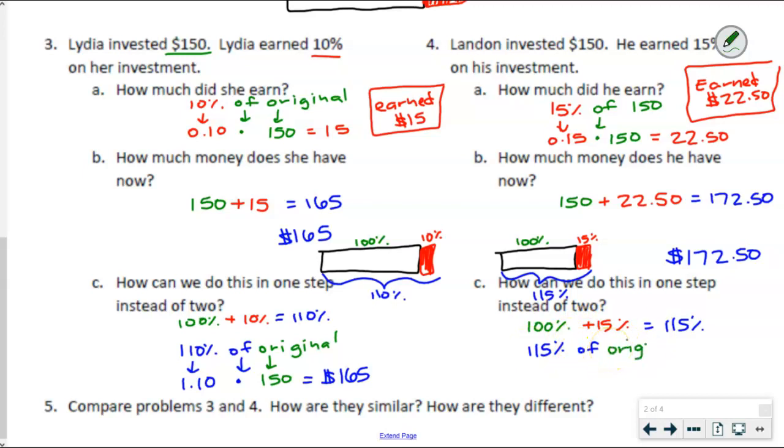We type into our calculator 1.15 of, which means multiply, and the original amount is 150. So I'm typing in 1.15 times 150, and I get what, Gabe? Yep, $172.50. The same thing that I got before, but in one calculation in the calculator instead of 2.